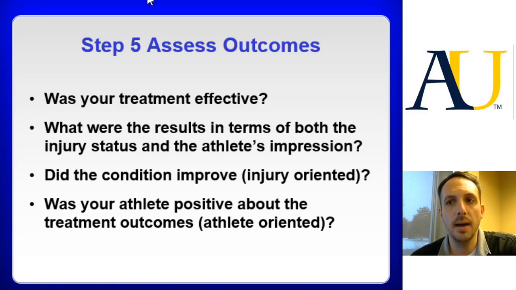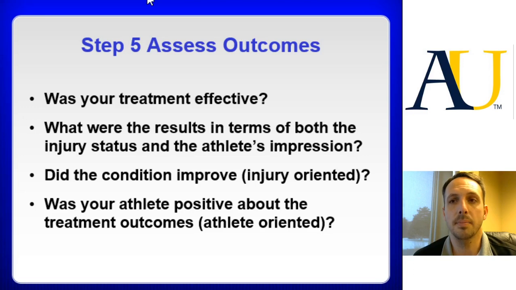The 5th step wouldn't think to be part of the normal system, but it's always important that we spend time reflecting and assessing our outcomes. One of the best ways to guard against potential errors in treatment is to constantly be assessing your outcome. First and foremost, was the treatment effective? Did we receive the result that we hoped for? And this can be in a variety of different ways.